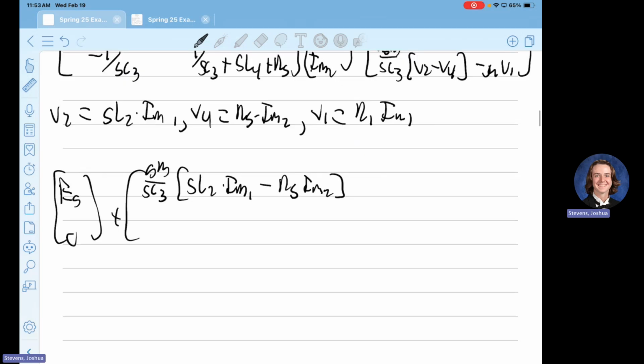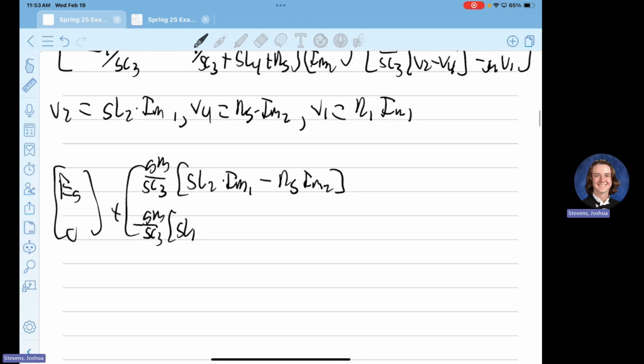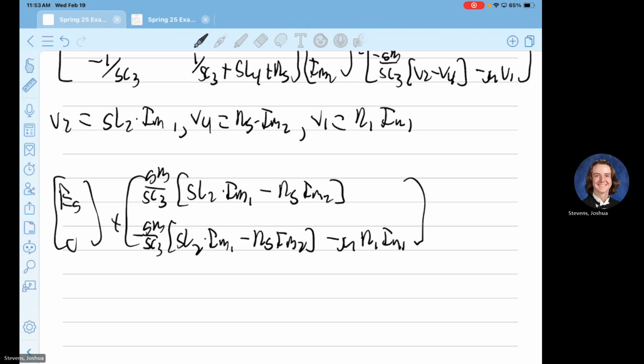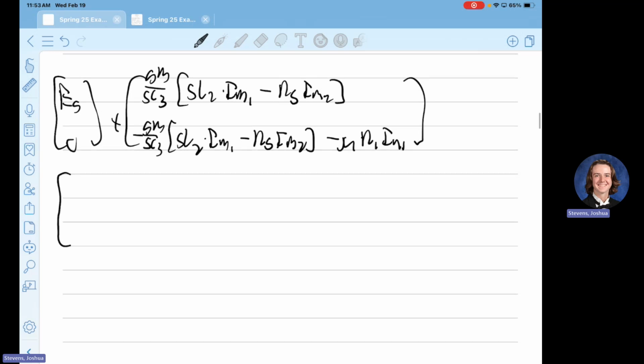Okay, and so the same thing here, just negative. SC3, SL1, is it 1 or 2? No, it's 2. Times IM1 minus R5 IM2. And then that is subtracted by mu times V1, which we said was just R1 IM1. So then I need to break that up into the separate resistive matrix and our currents.